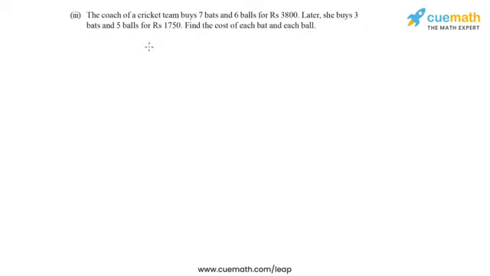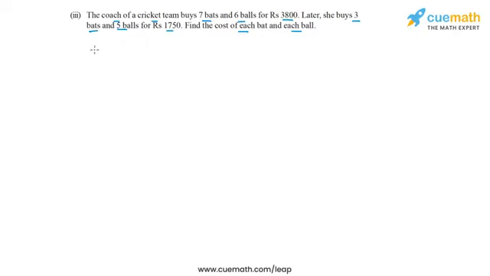The third problem in this question says, the coach of a cricket team buys 7 bats and 6 balls for 3,800 rupees. Later, she buys 3 bats and 5 balls for 1,750 rupees. Find the cost of each bat and each ball. So the two unknowns in this situation are the cost of each bat and the cost of each ball.